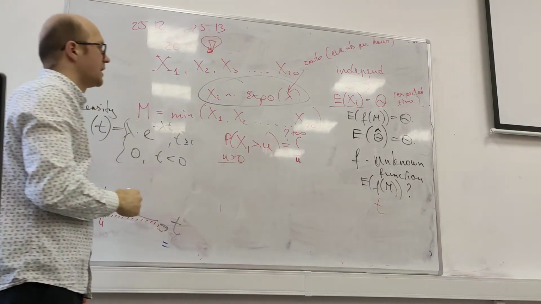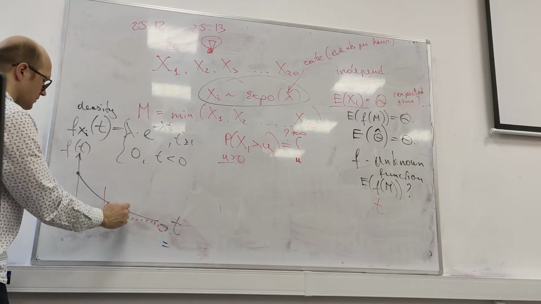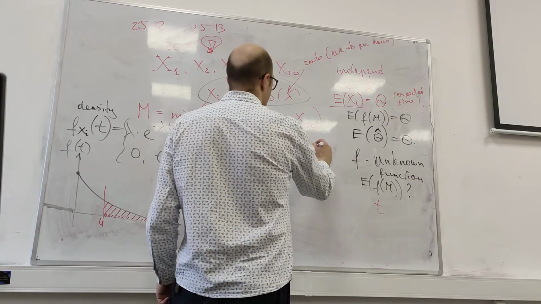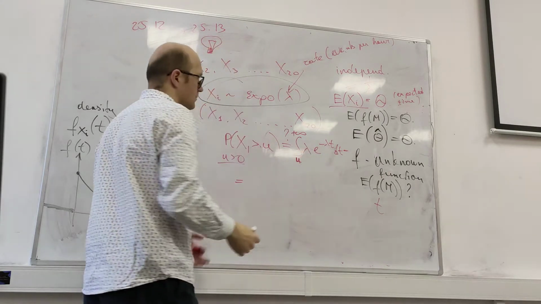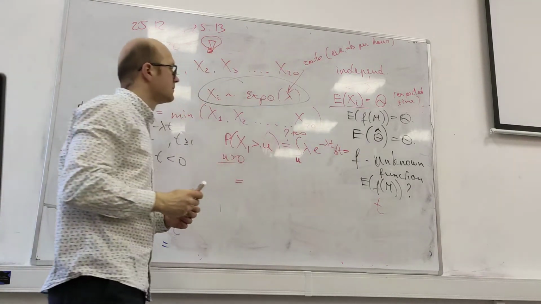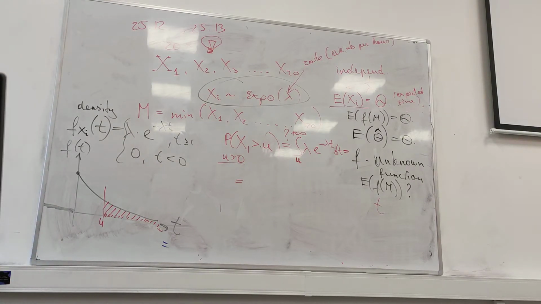And what should I integrate? The density function. What is the density function? It's lambda e to the minus lambda t dt. So integrate it. Find the integral. Do the work.